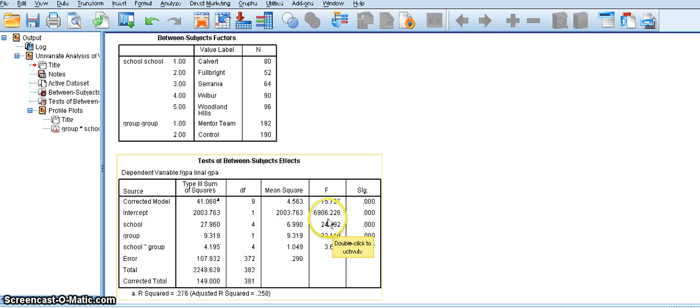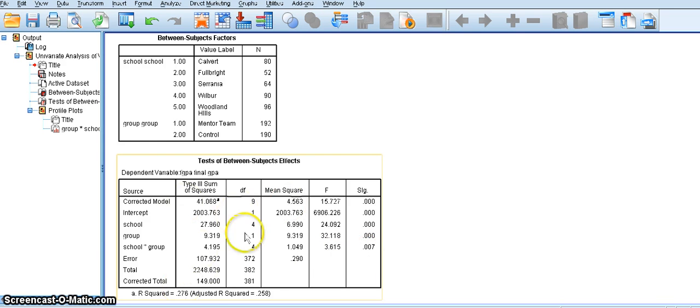This is an F value, so we're reporting it exactly the same as before. So for example, the F value for the interaction is going to be F with degrees of freedom of 4 and 372, which is our error term, is going to equal 3.62 with p less than 0.05.